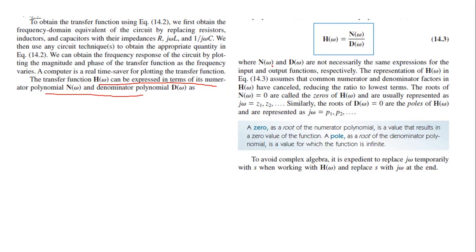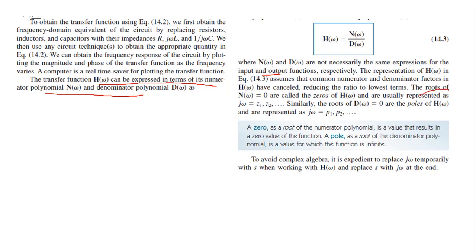Here numerator and denominator do not directly denote the input and output functions, because if the input and output terms were the same, they might get cancelled. The remaining terms will be considered as numerator and denominator. So we are just saying H of omega can be a ratio of numerator by denominator.